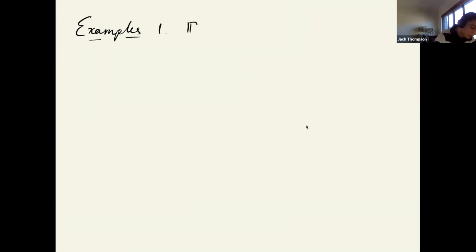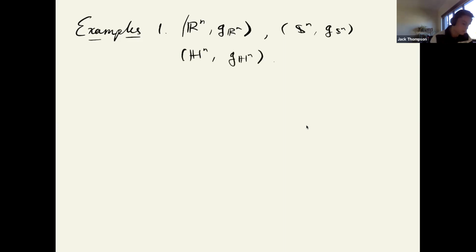So we have that these, each with their standard metric, R^n, S^n, and H^n are all Einstein manifolds.